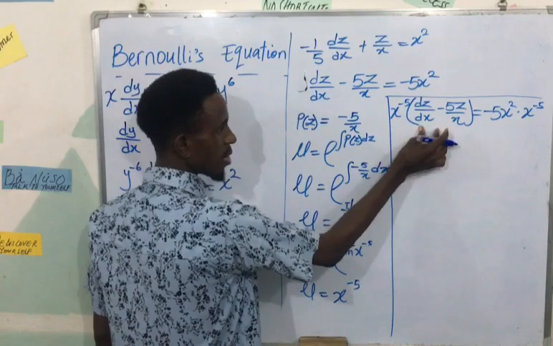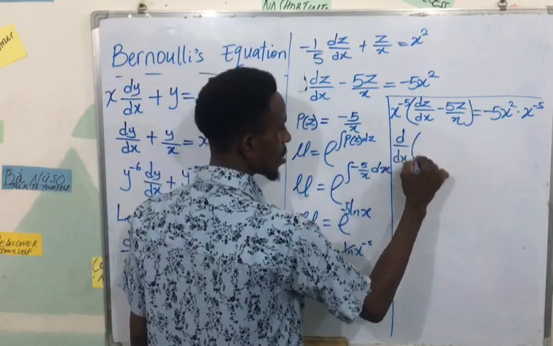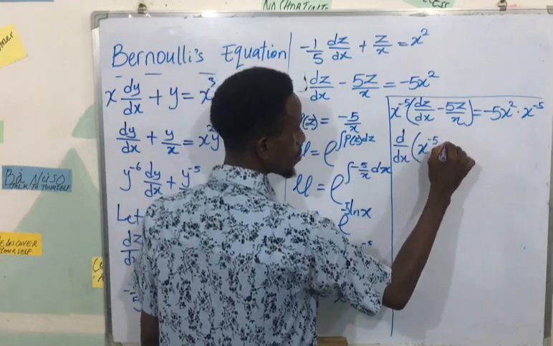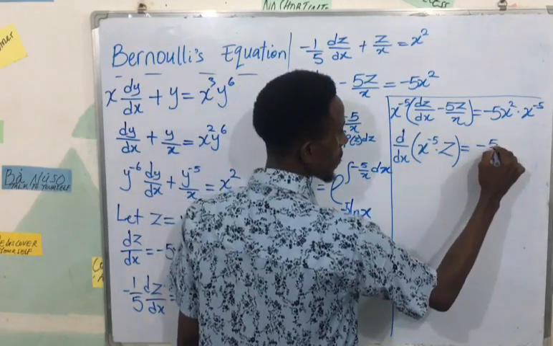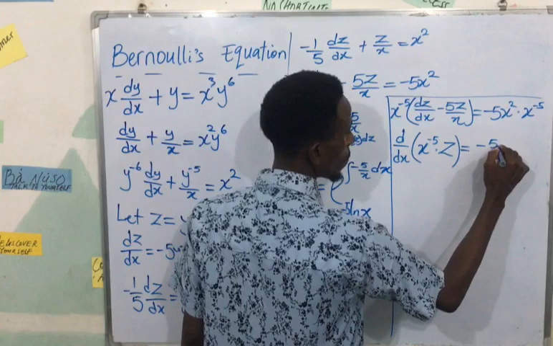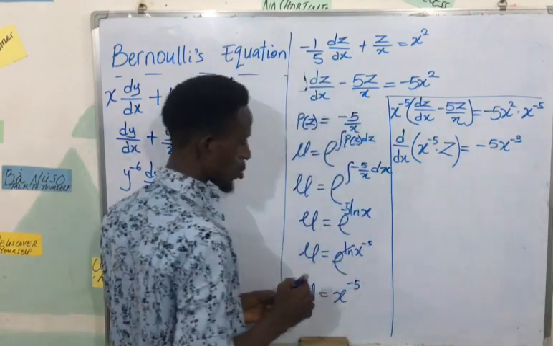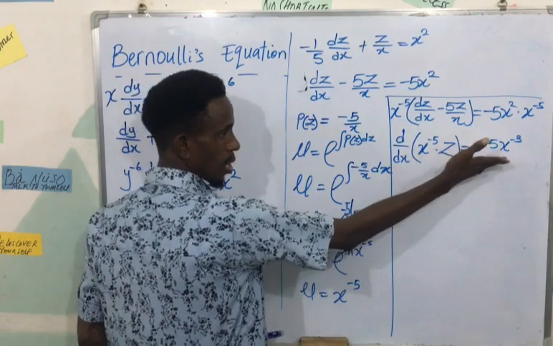So if I multiply this, I'm going to have d dx of x raised to the power of minus 5 multiplied by z equals minus 5 x raised to the power of minus 3. So this side is simple as I'm getting this.